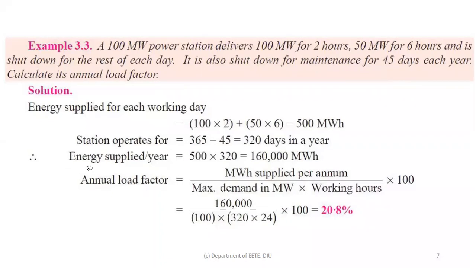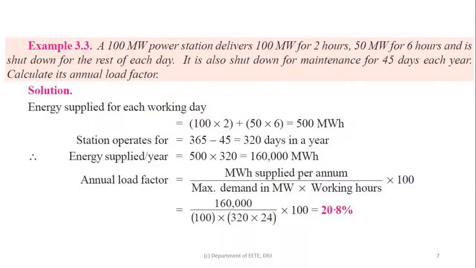The energy generated and the energy supplied are the same, because there is no way of reserving. In AC supply or AC power we cannot reserve; in DC supply we can reserve. So the energy supplied and the energy generated are the same.